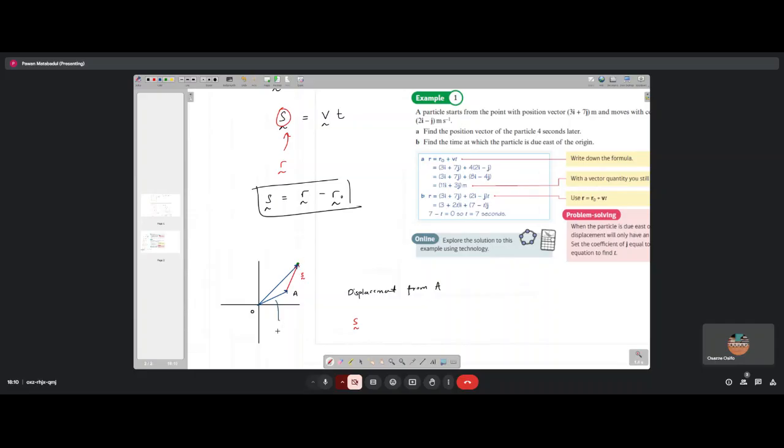So let me call this point here B. So this is your starting vector. Say A is your starting position for this ball. The ball starts at A, but then it ends at B, right? It doesn't start at the origin.